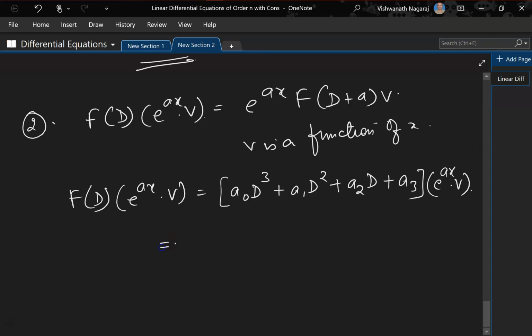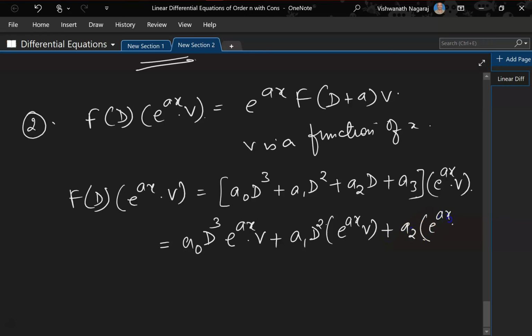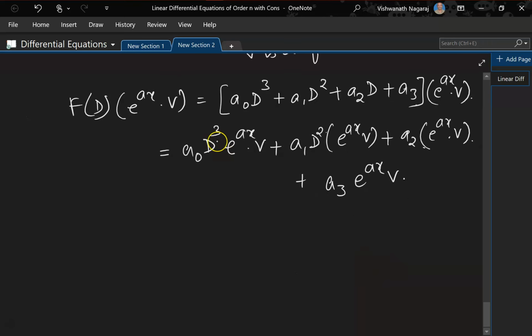Now let's distribute: D cubed e^(ax) V plus a1 D squared e^(ax) V plus a2 D e^(ax) V plus a3 e^(ax) V. Now again we have to take care of this.